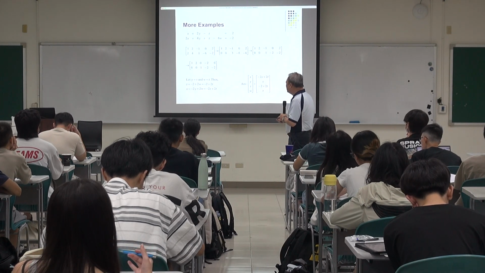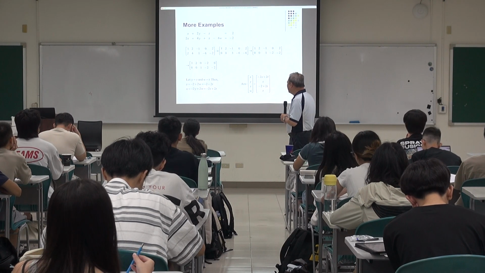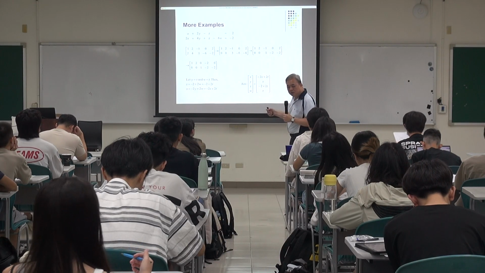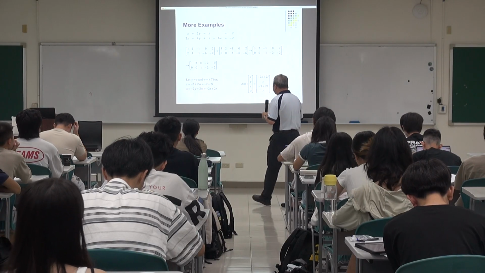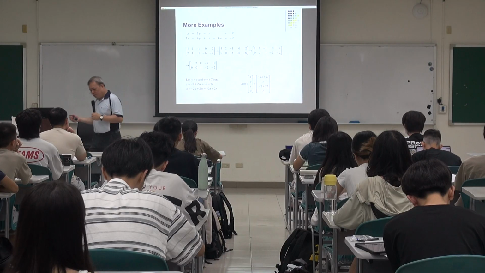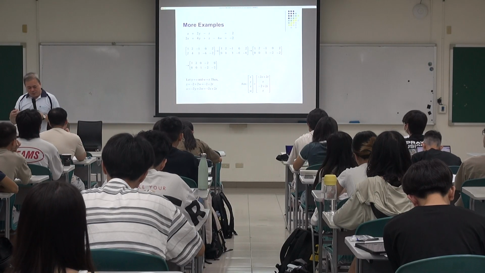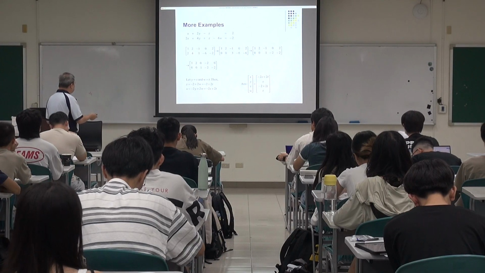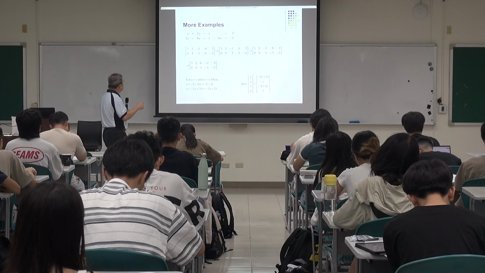And you have 2 non-zero rows and 4 variables, so the degree of freedom for your solution space is 2, because you have s and t, 2 parameters. Eventually, we will talk about this in more detail, more formally, at a later time.